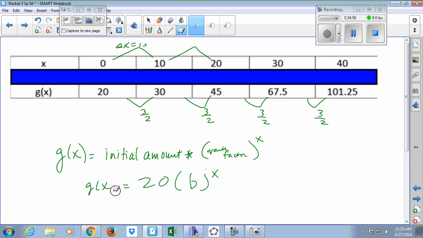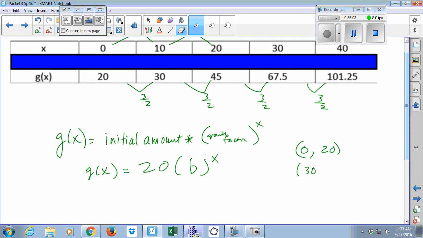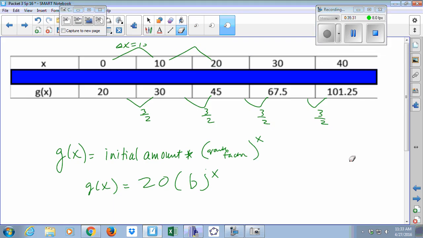So if you knew that the initial is 20, and you put in 30 for your initial, and you put in 0 for x. I can't put 30 in for 20 because this never changes the initial amount. But that's a good, you're on the right track, so to speak.